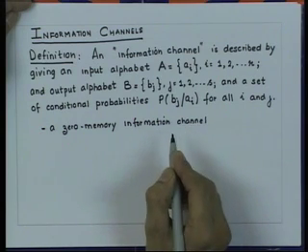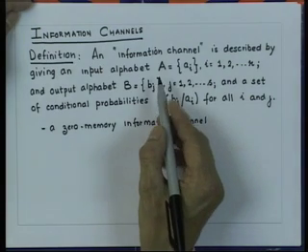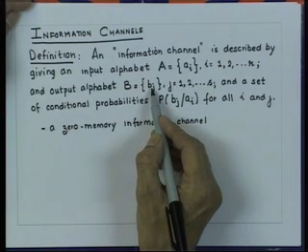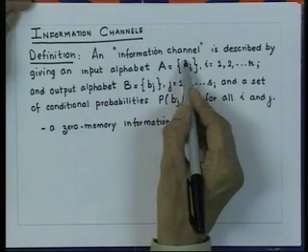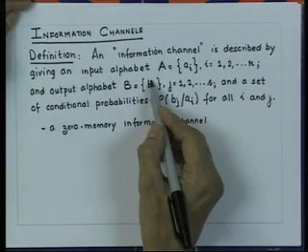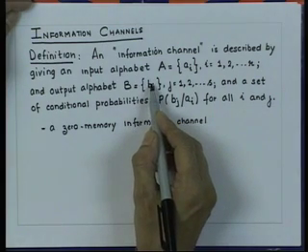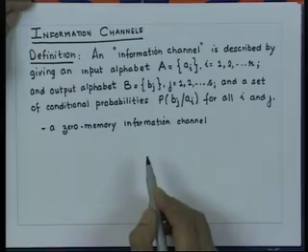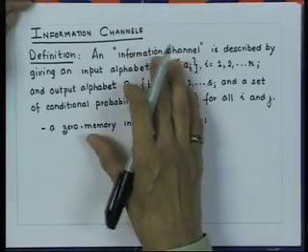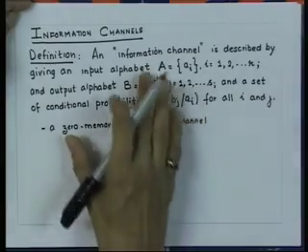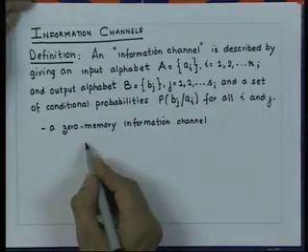A more general definition where the probability of a given output B_j may depend upon several preceding input symbols or even output symbols is also possible. Such channels are referred to as channels with memory, and we can represent this channel graphically as shown in the figure here.